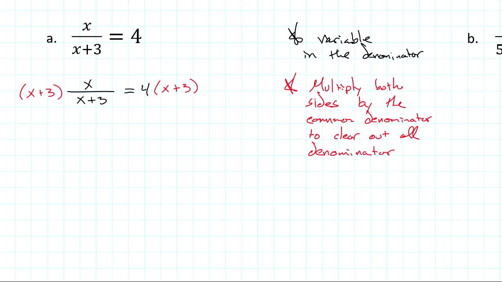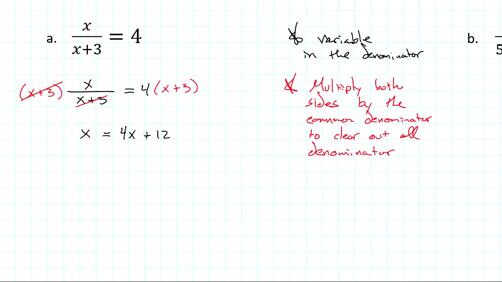If we multiply the left side by that x plus 3, it cancels with that denominator, and so we no longer have that denominator. And when we bring this down, we'll just have an x left on the left side. On the right side, we can distribute the 4 across. We'll get 4x plus 12.